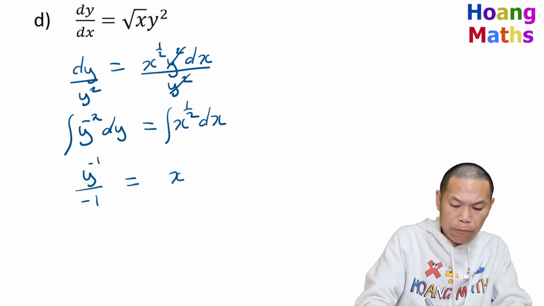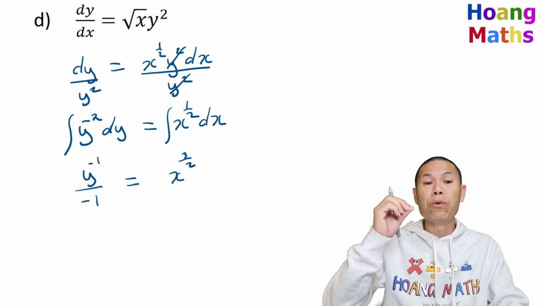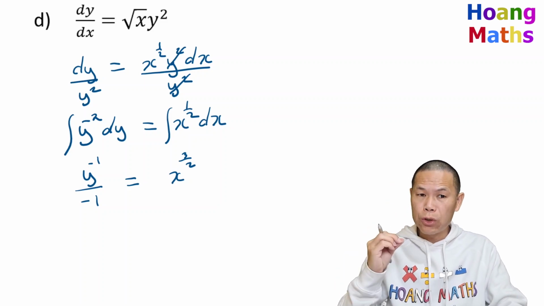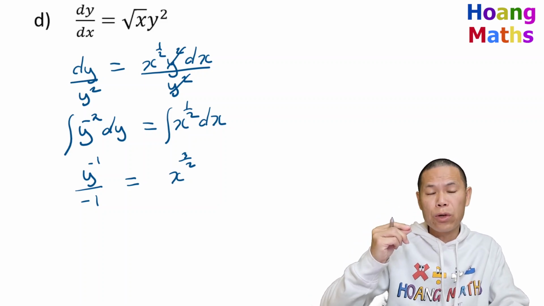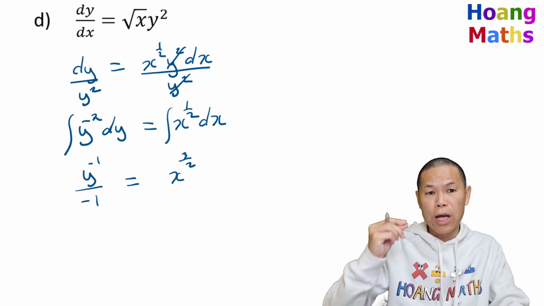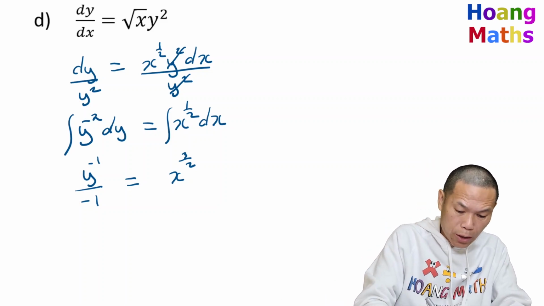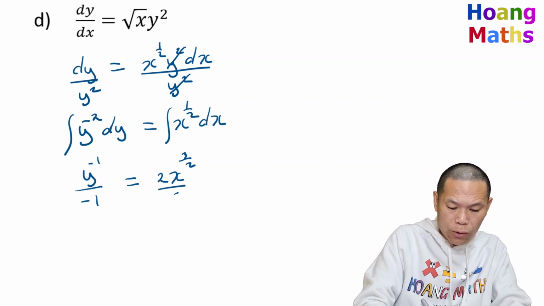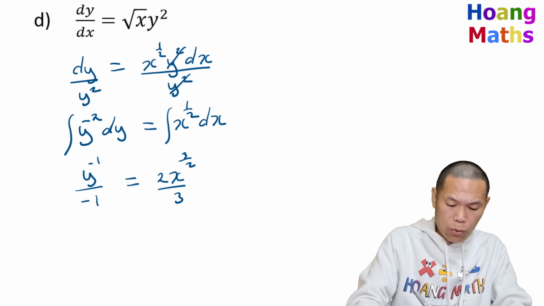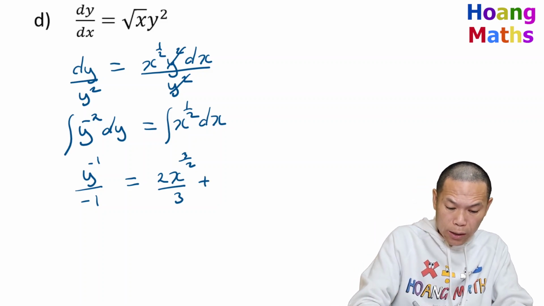So x power of 3 over 2, and we need to divide by 3 over 2. So we can flip the 3 over 2 and become times 2 over 3. And do not forget, we need to add a constant c.